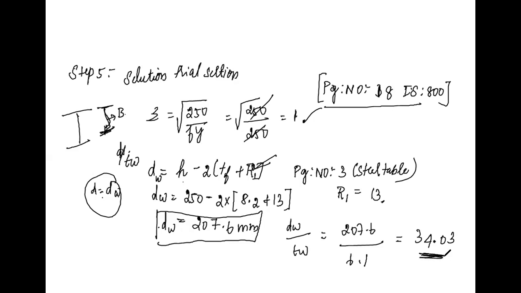This should be checked for bending in the web section. So the value of 34.03 should be less than 84 epsilon. The value of epsilon is 1. So substitute this epsilon value in this. So we get 34.03 should be less than 84.